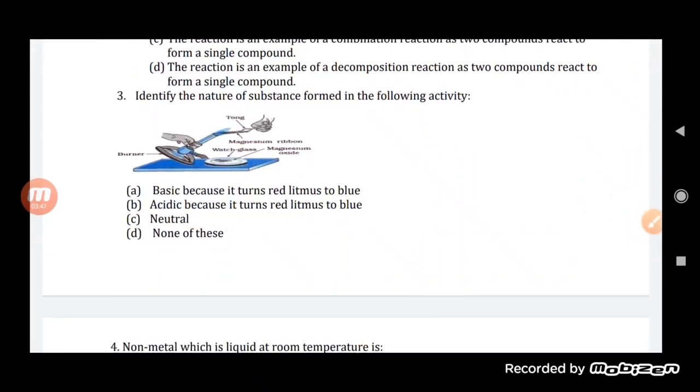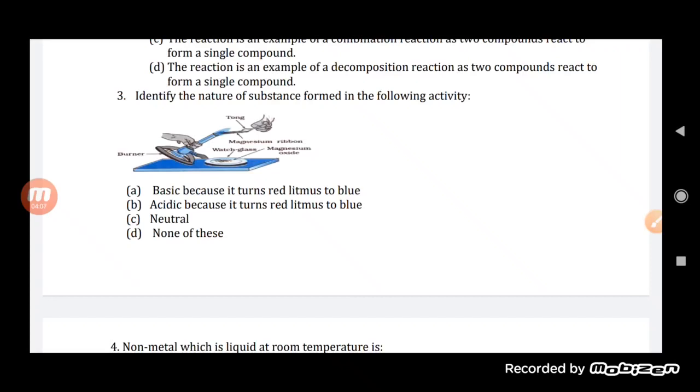Now see here, identify the nature of the substance formed in the following activity. The first one is basic because it turns red litmus to blue, B is acidic because it turns red litmus to blue, then C is neutral, and the fourth one is none of these.